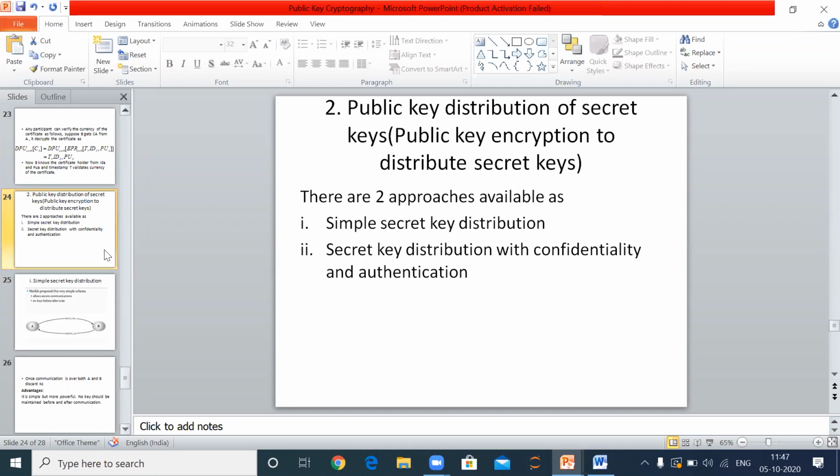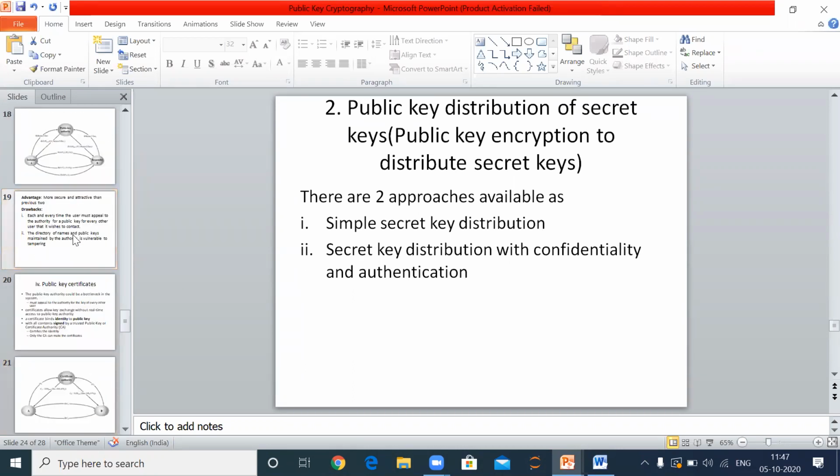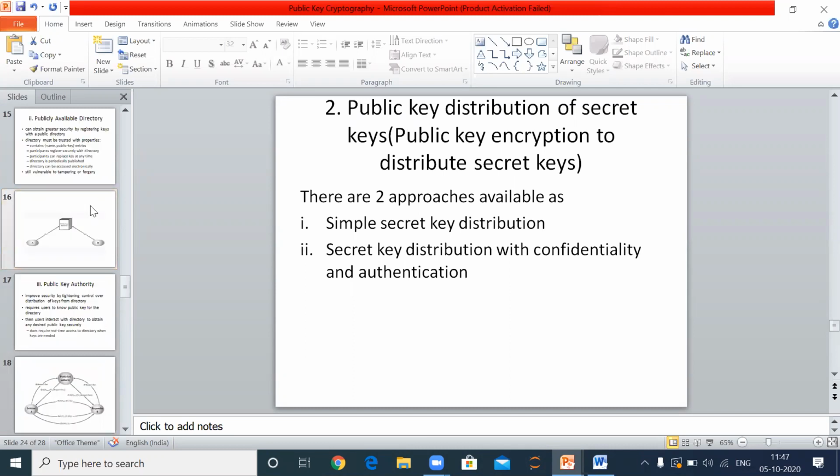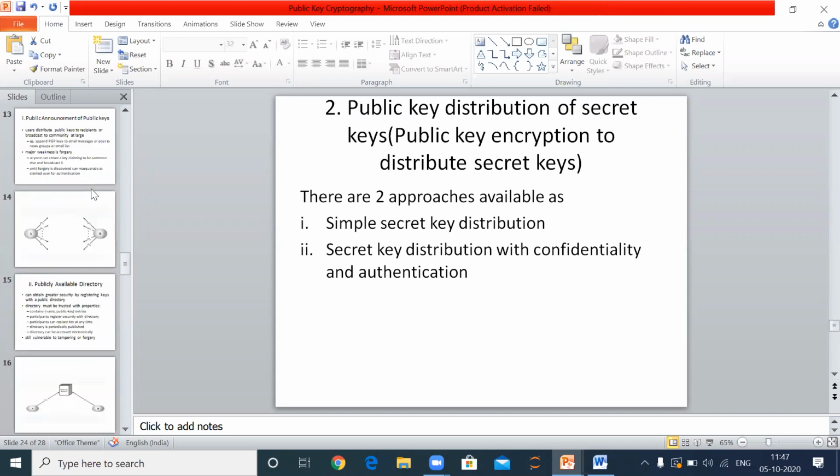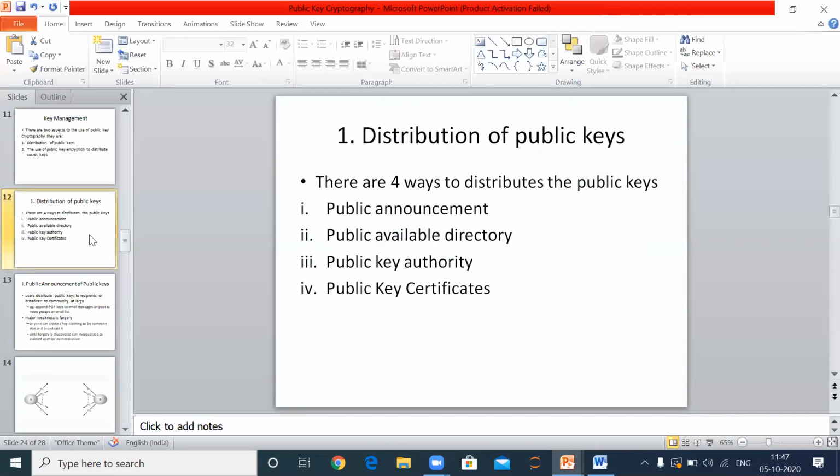What are the four ways? Public announcement, publicly available directory, public key authority, public key certificates.